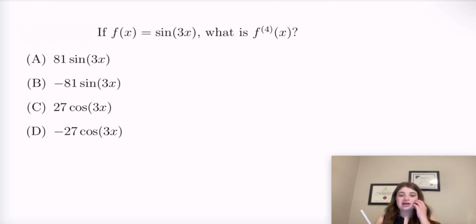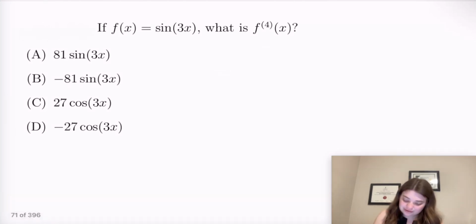Okay, well, recall that sine goes in a cycle, right? It goes sine, then the derivative of sine is cosine, then negative sine, then negative cosine, and then the cycle just repeats all over again. It keeps doing that. Then also recall that if we have 3x, every time that we take the derivative, we have to chain that.